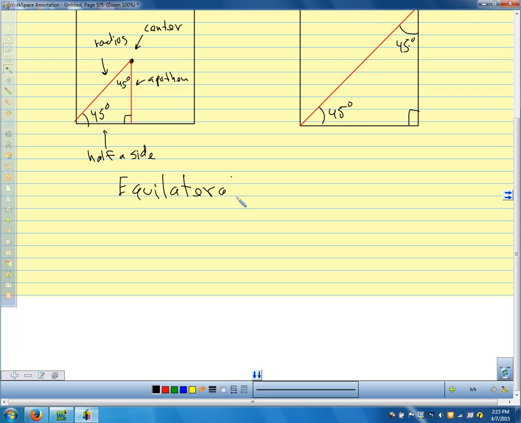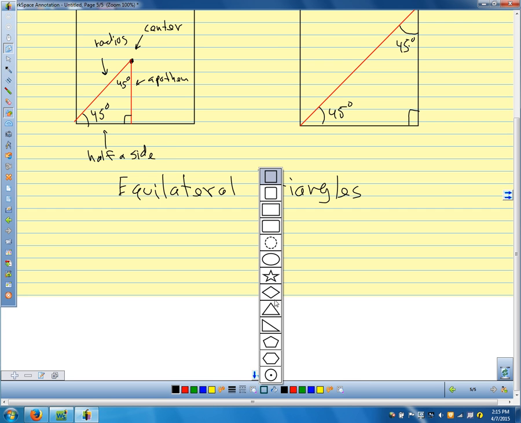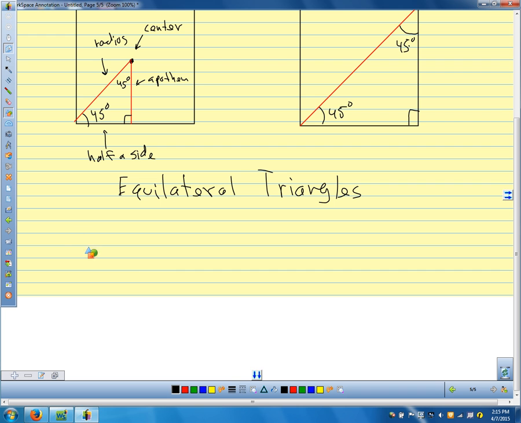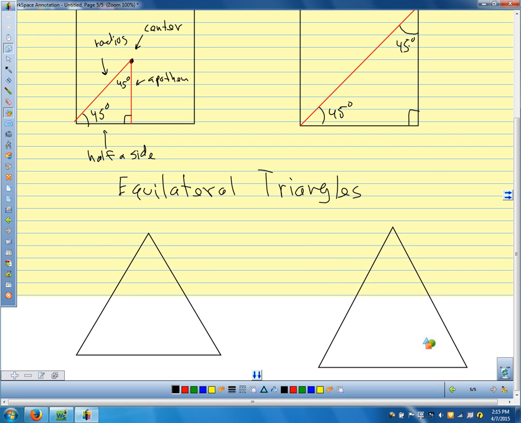We can also talk about equilateral triangles. So here's my triangle, equilateral triangle. I'm going to draw a couple of those also. What's special about an equilateral triangle? What do we mean when we're talking about an equilateral triangle?